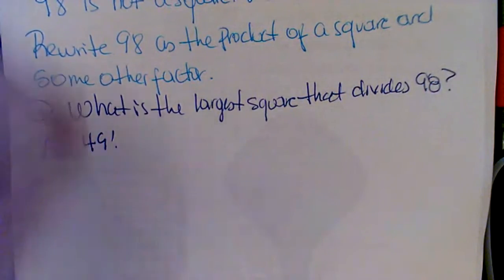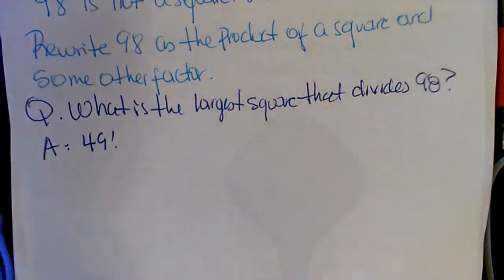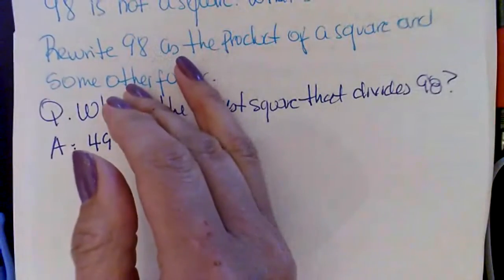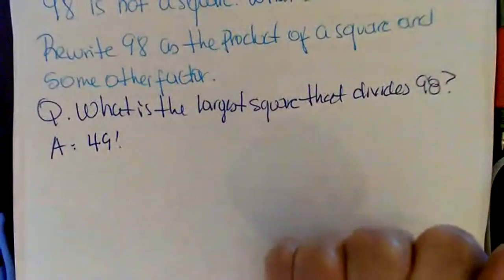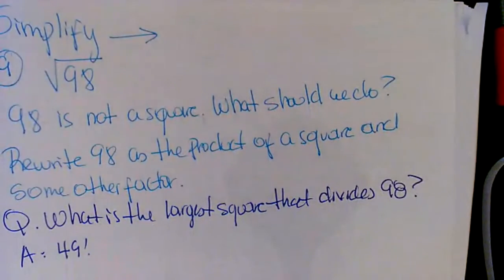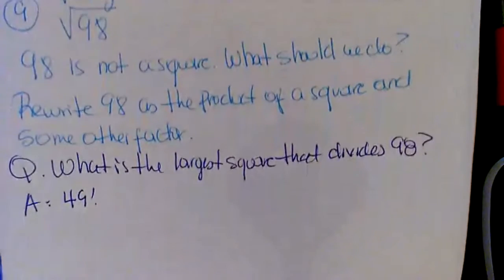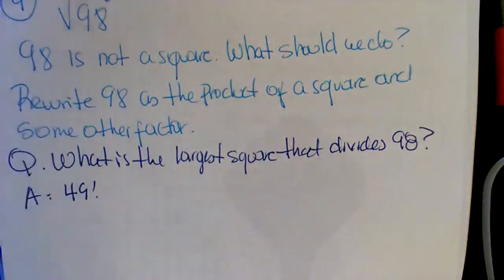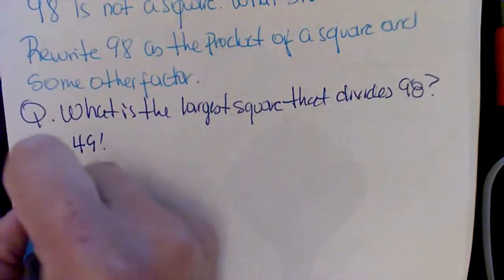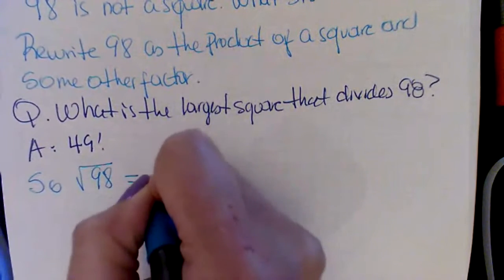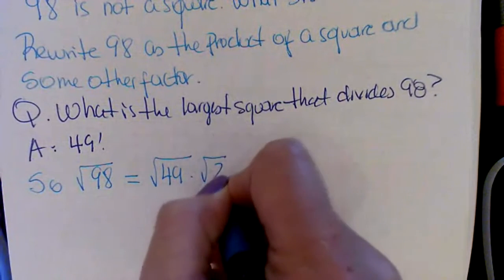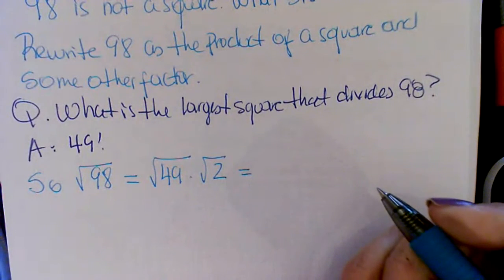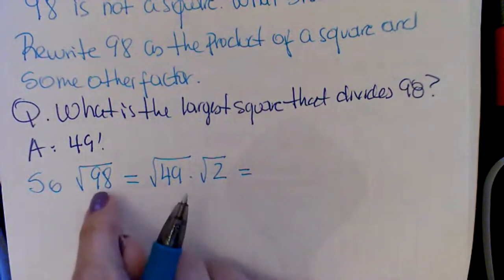So, it's going to be 49 equal to what? To 49 times 2. 49 times 2 is 98.